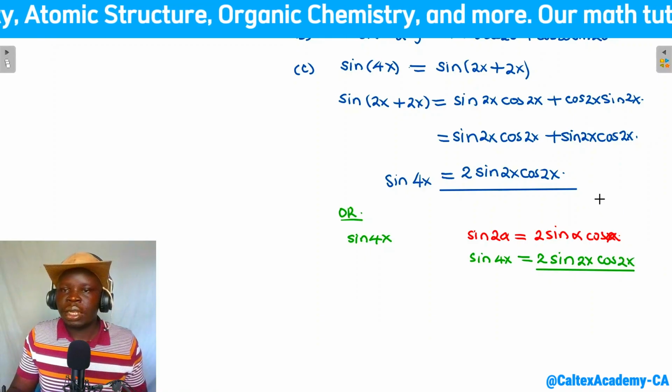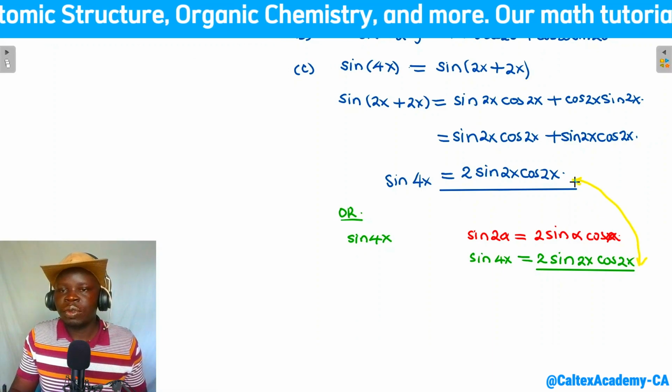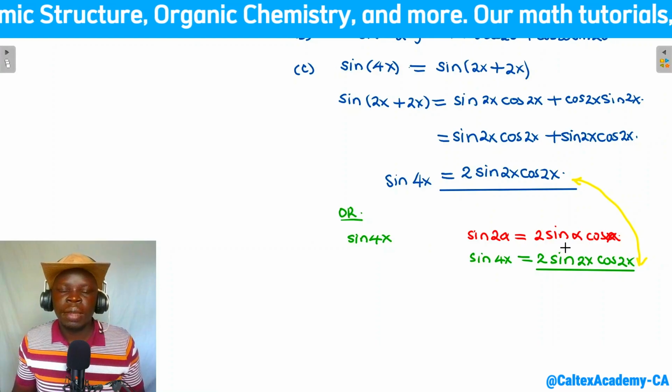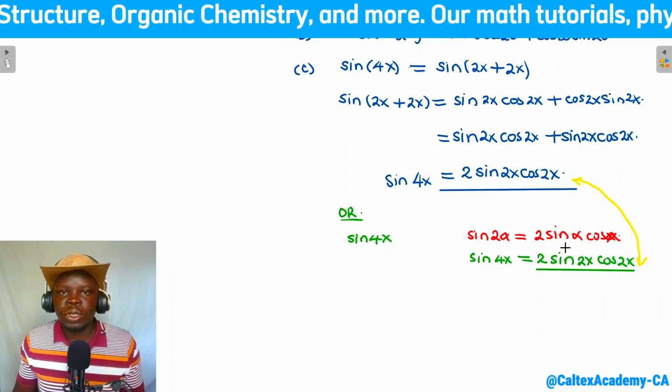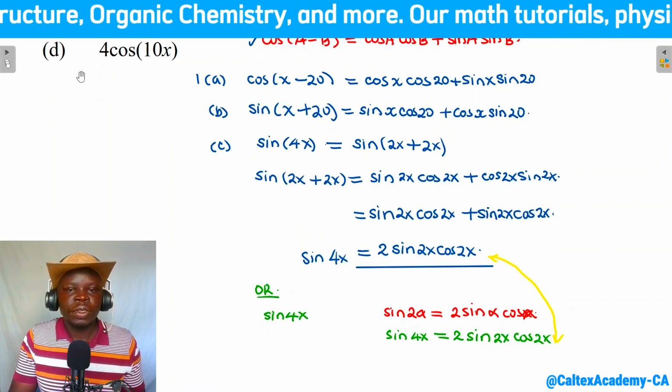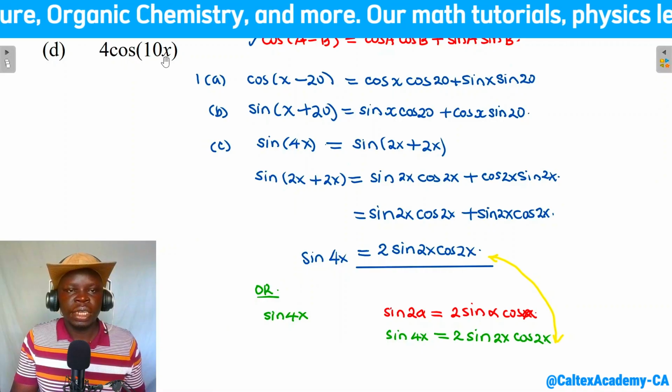So when we take a look at our answer, we're going to use another method. It's exactly the same. So you can use any of the two approaches, either double angle or compound angles, to get this expansion.